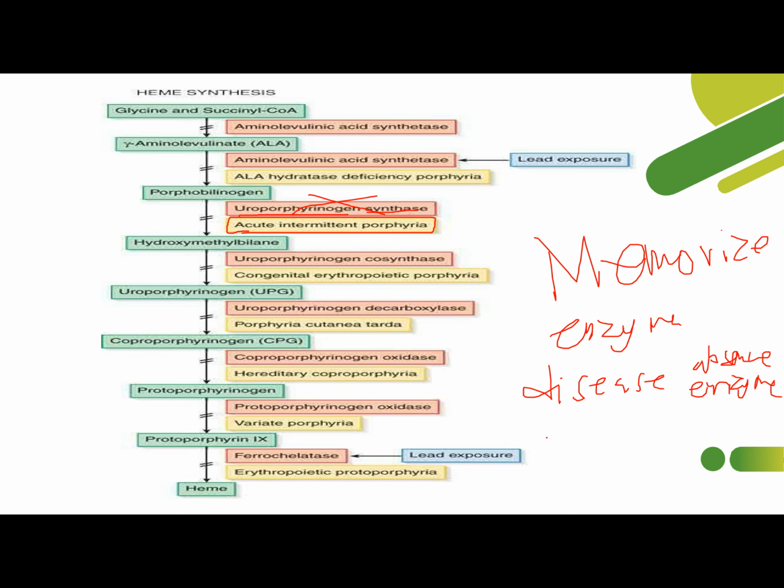And I also want you to memorize what is converted by that enzyme. For example, class, protoporphyrin 9 is converted to heme by ferrochelatase. So in your quiz, they will ask what is converted by ferrochelatase. It would be protoporphyrin 9 to heme. So do memorize that, class.